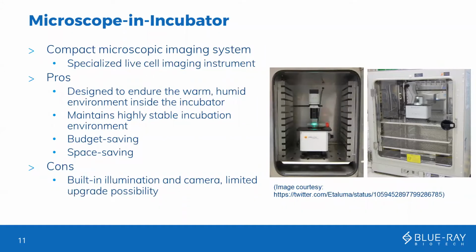The price is relatively lower than the incubator on microscope. And you can save space, because you can put the system inside the incubator and there's a lot of space left.